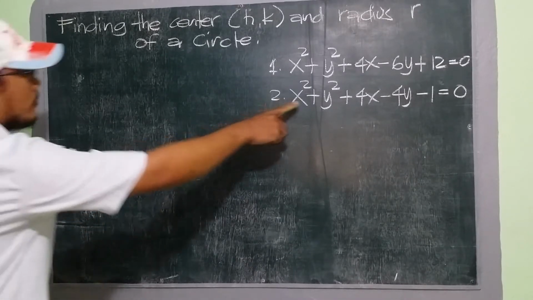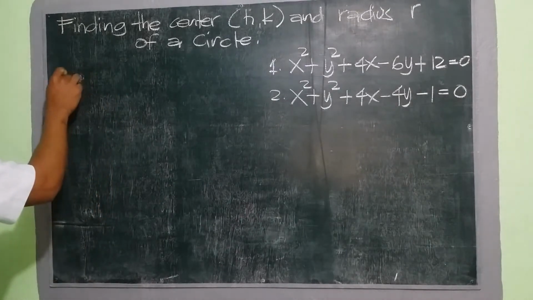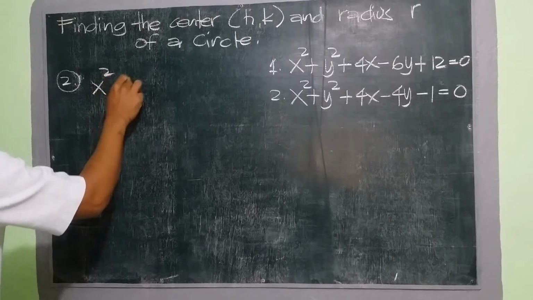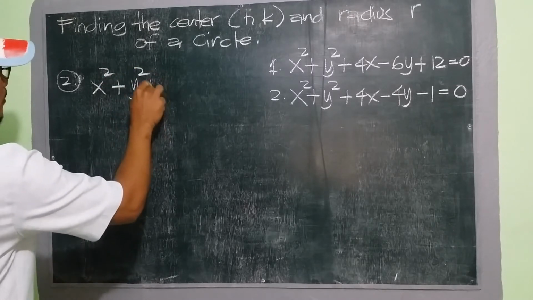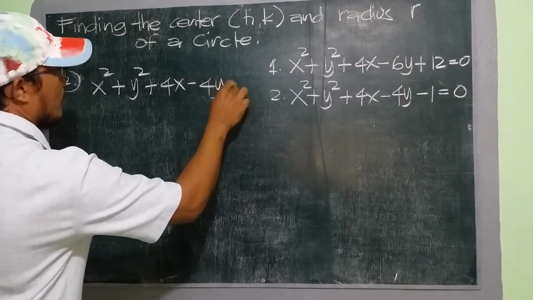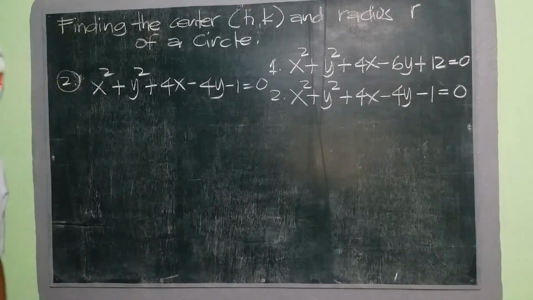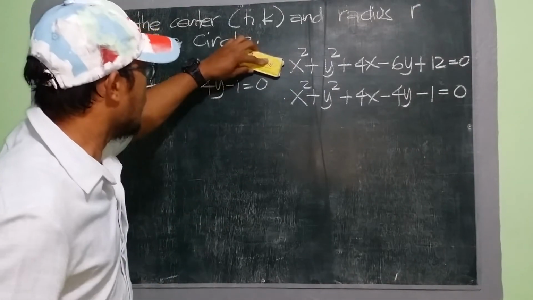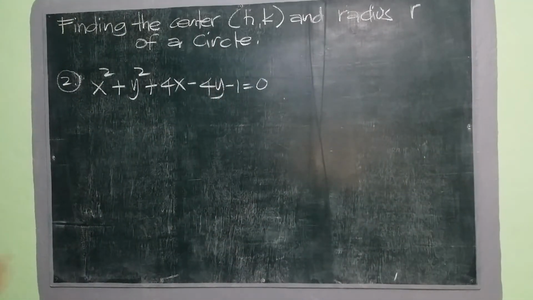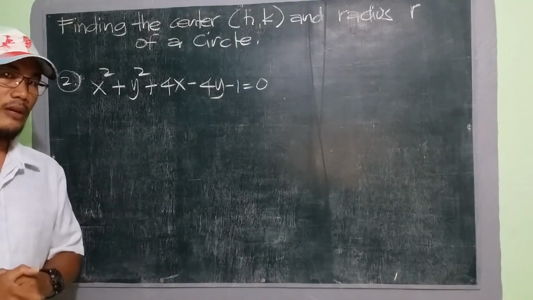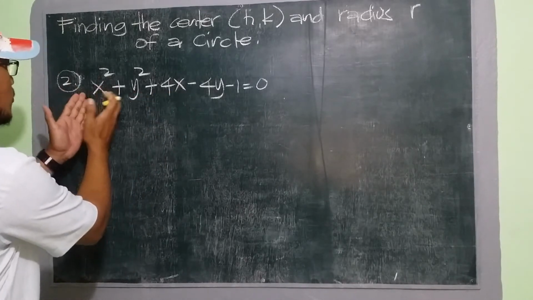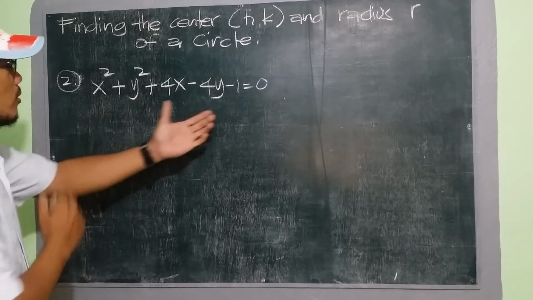Next, we have number 2. So we'll just copy it here. We have x squared plus y squared plus 4x minus 4y minus 1 is equal to 0. The same with what we have done in example number 1, we're going to group all values of x, and we need to group all values of y.